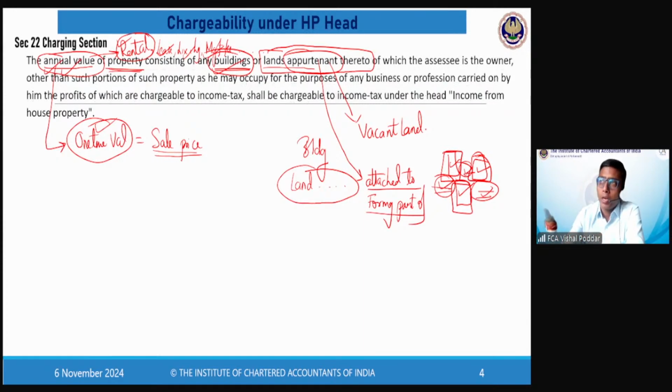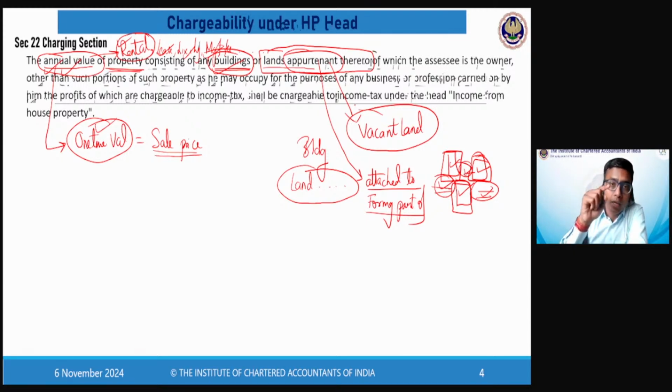Many times in all these major cities, wherever any celebrity comes and they want to have an open program, on an open piece of land, they will have Talkatora Stadium, for example, or any open piece of land, they will make the setup of that particular event, and that event would be held in that space. That is the vacant land, and the rent that is received from vacant land will never be part of the head HP because it is not fitting in the charging section.